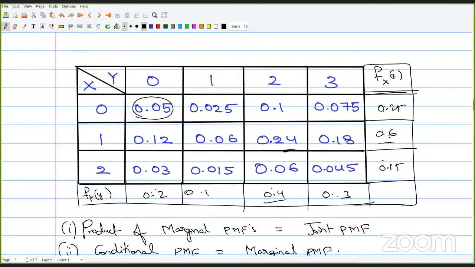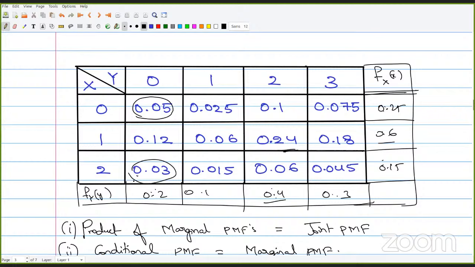Similarly, 0.3 times 0.6 gives 0.18, and 0.3 times 0.25 gives 0.075. So 0.2 times 0.15, you will get 0.03. Whatever combination you take, the product of marginals will be equal to the joint PMF. So x and y are independent.